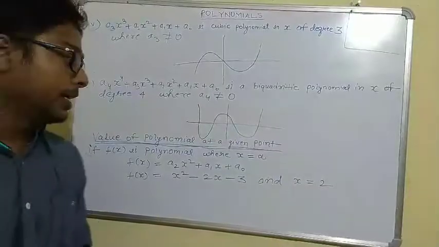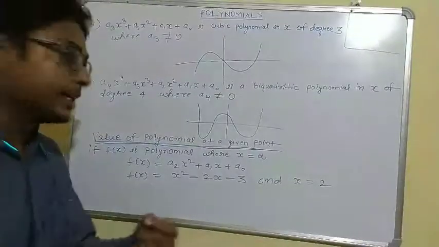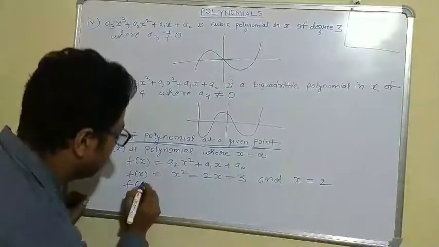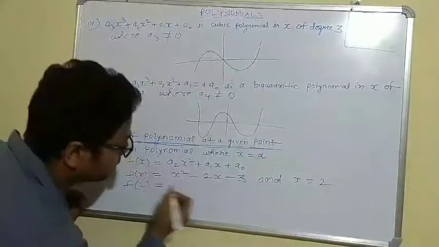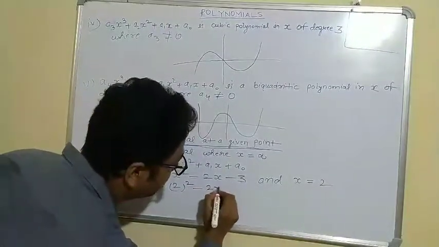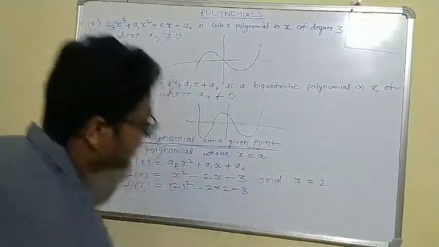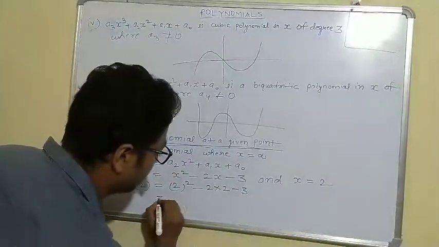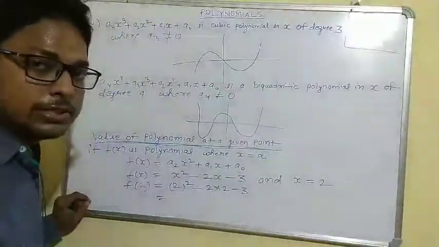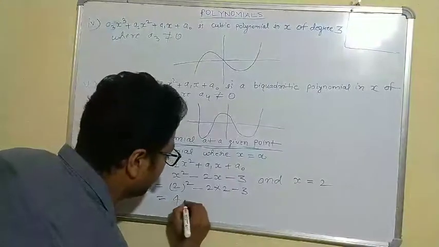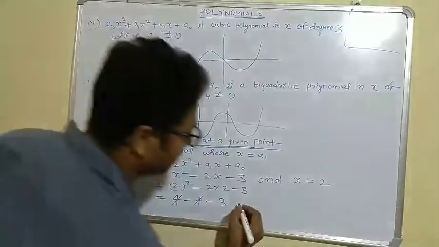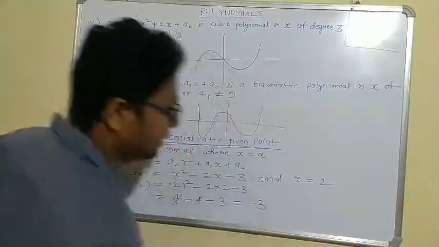Putting x equal to 2: 2 square minus 2 into 2 minus 3. 2 square means 4, so 4 minus 4 minus 3 equal to minus 3.